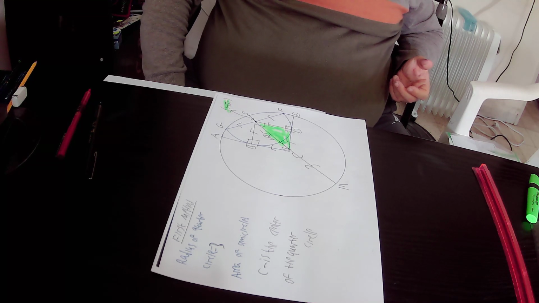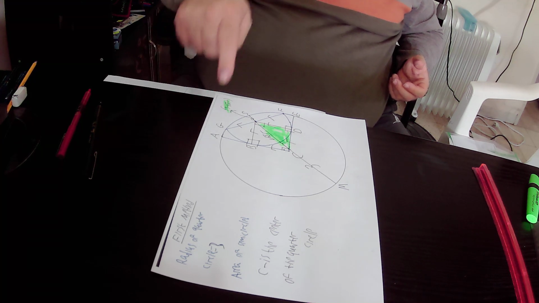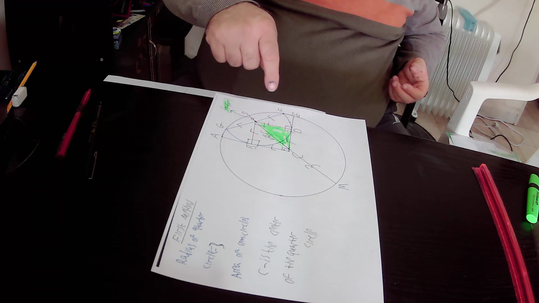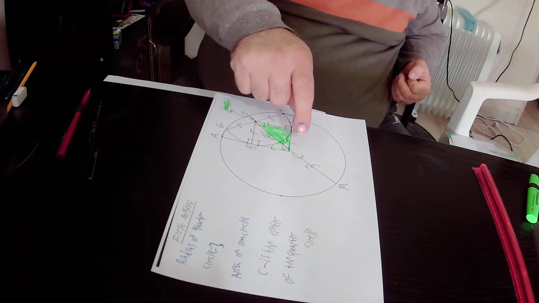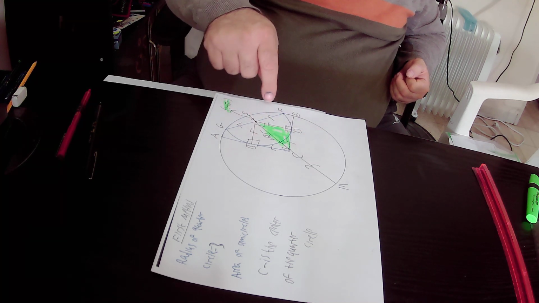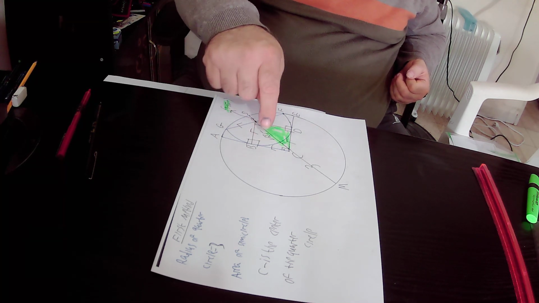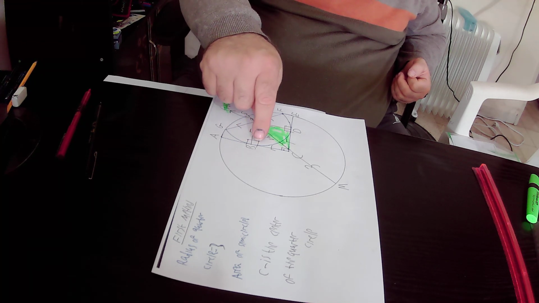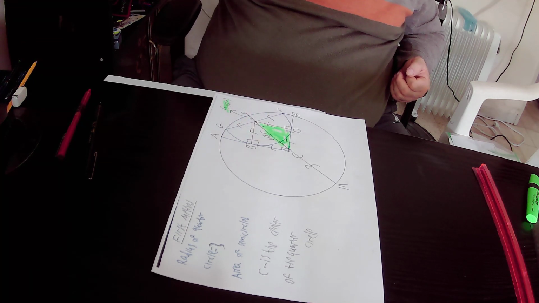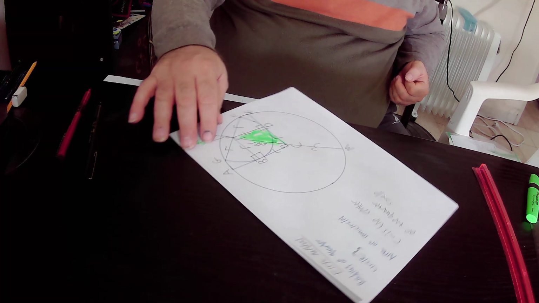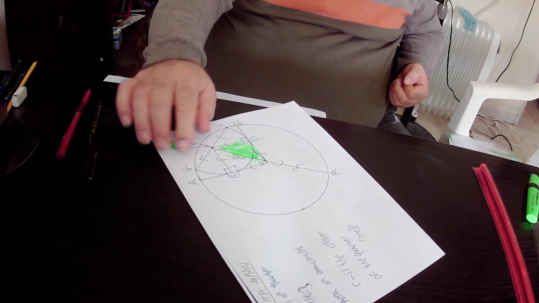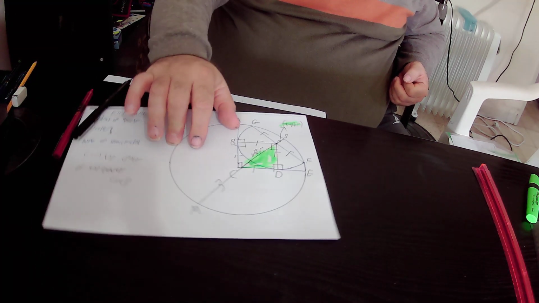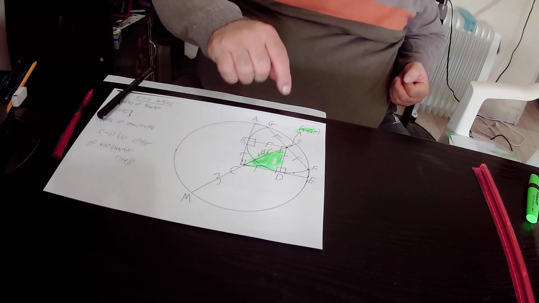And whenever you have a radius drawn to the point of tangency, the tangent will be perpendicular to that radius. In this case, tangent AC will be perpendicular to the radius BO. So AC is perpendicular to BO, that is to say this angle equals 90 degrees, and this angle will also equal 90 degrees according to rule number 1. Likewise, we connected points O and D together by a straight line.